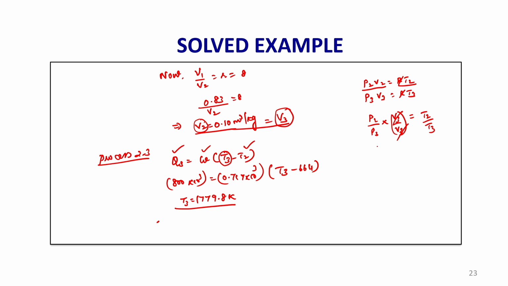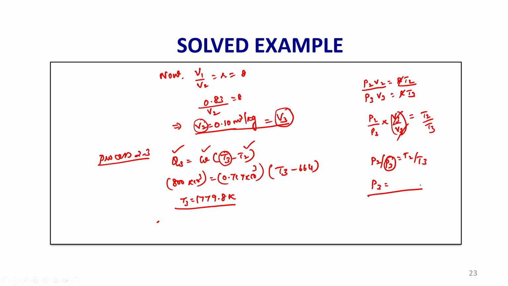Therefore, P2 by P3 equals T2 by T3. Using this relation I can find the maximum pressure in the cycle. So, using this formula we can find P3.